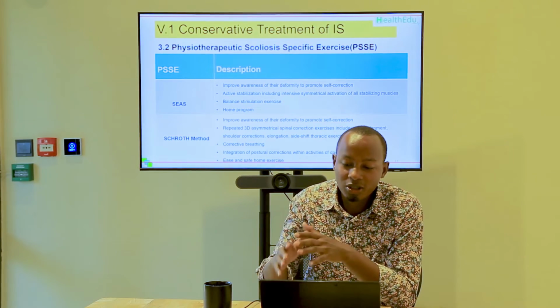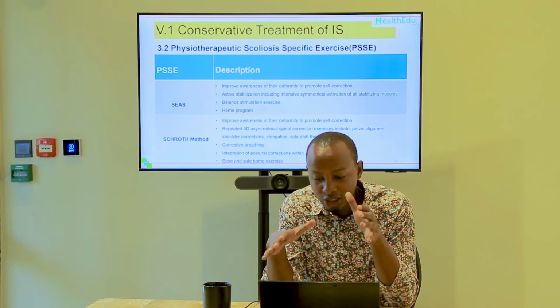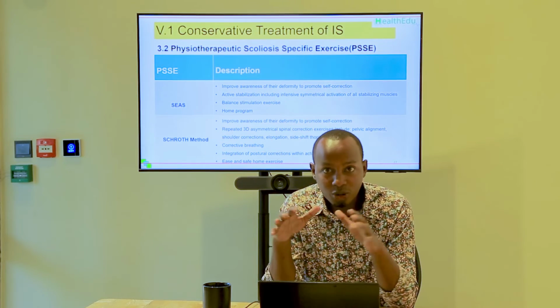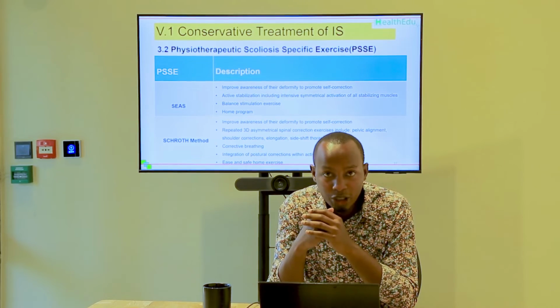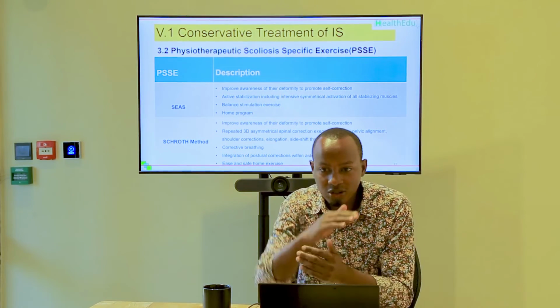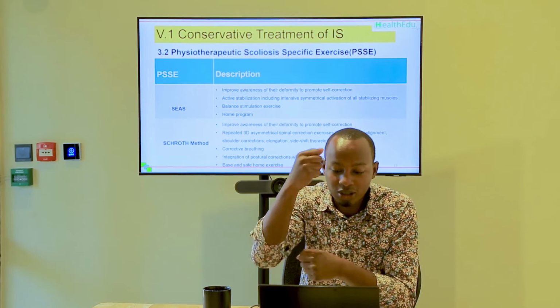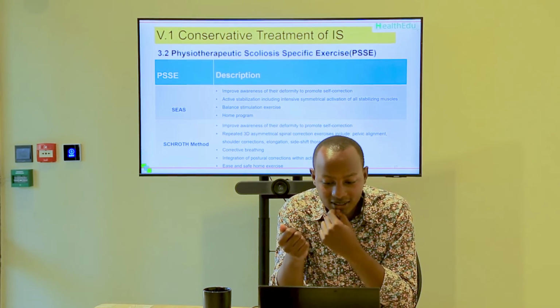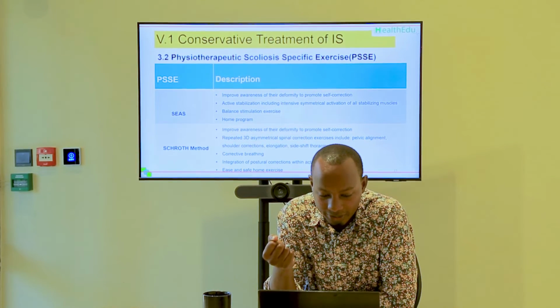These include pelvic alignment, so they help the patient to align the pelvis, and shoulder correction, so that they are level. Elongation, so stretching, because the curvature is a little bit complex, so we have to elongate from this exercise, and the other exercises are side shift thoracic exercises.